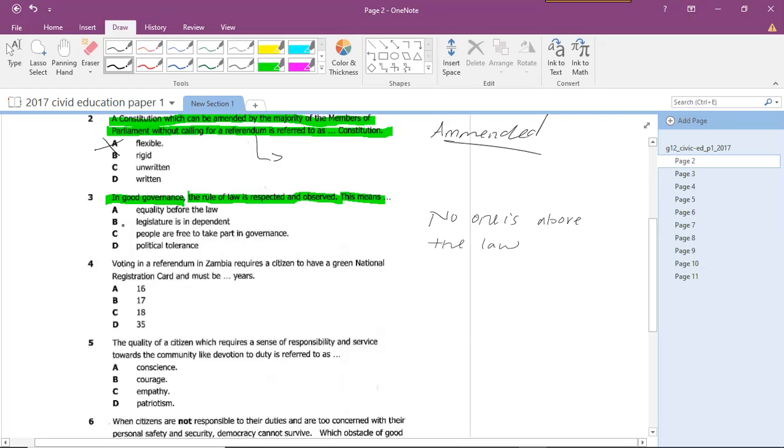is independent. So here they made a mistake. This is one word or a hyphen. I'm sure they corrected it in the exam room. So in good governance, the rule of law is respected above all. So this actually means that this wing of the government here, the legislature, has to be independent.